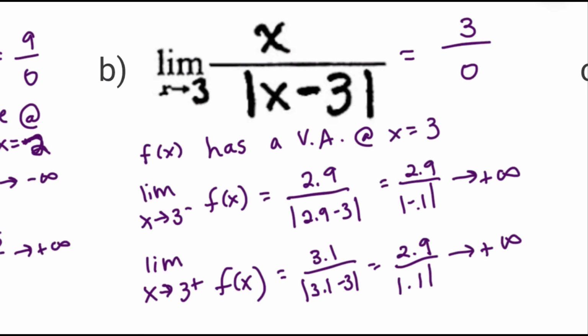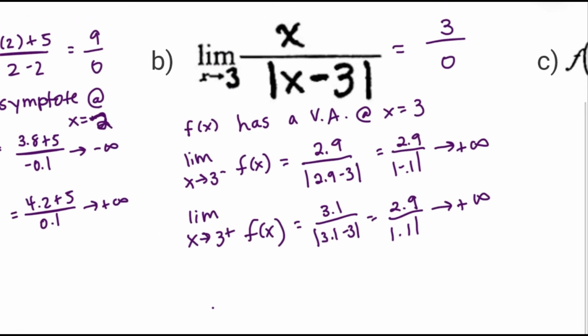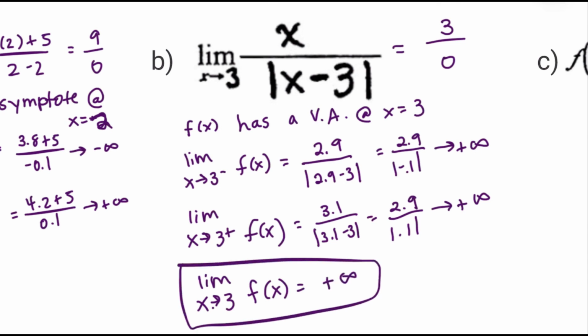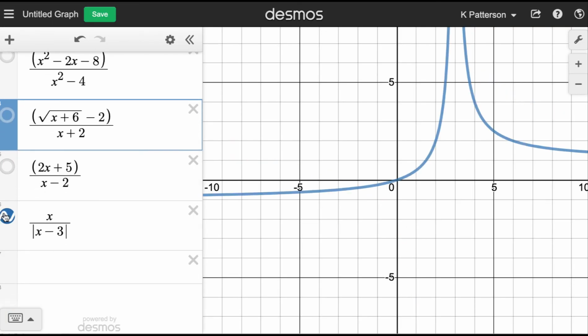So since the limits from the left and the right are both going to positive infinity, I can say that the overall limit as x approaches 3 of f of x is going to positive infinity. And again, let's look at this graphically. Here it is.